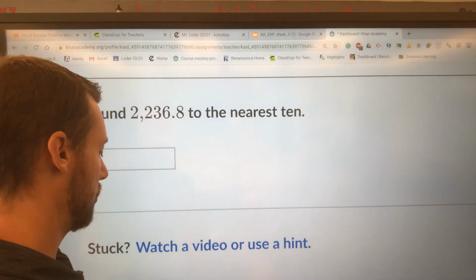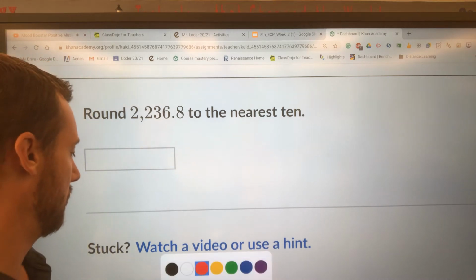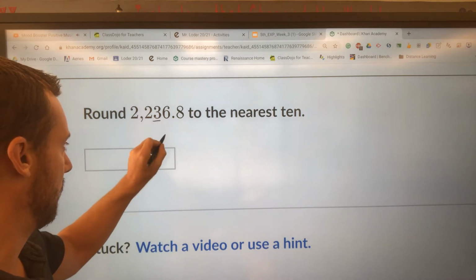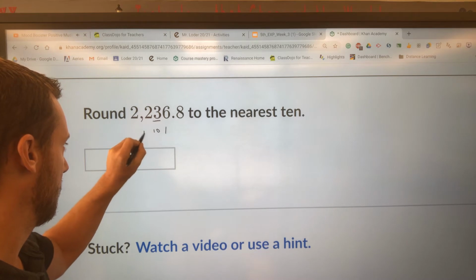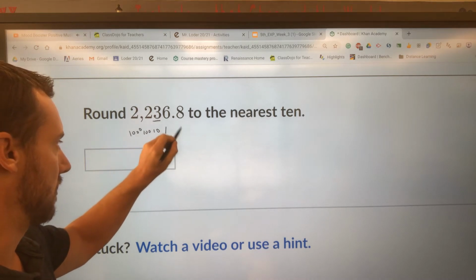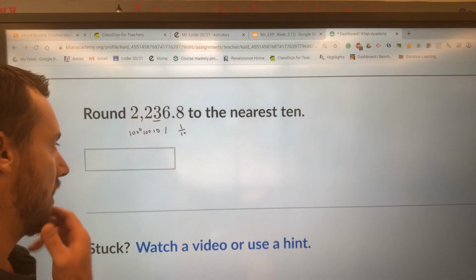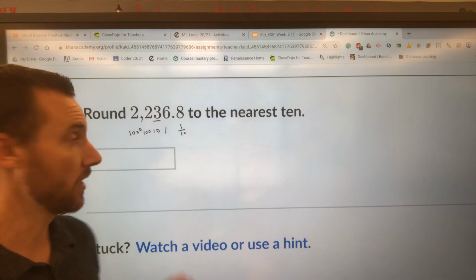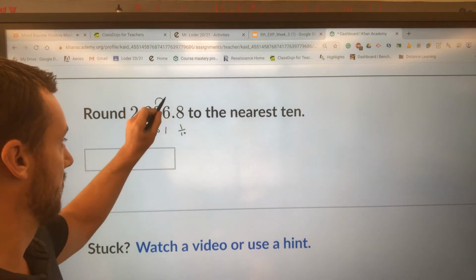Okay, so we go to our tens place. Ones, tens, hundreds, thousands. This is our tens. Okay, so we're looking at our tens, and we're going to look next door to the right.